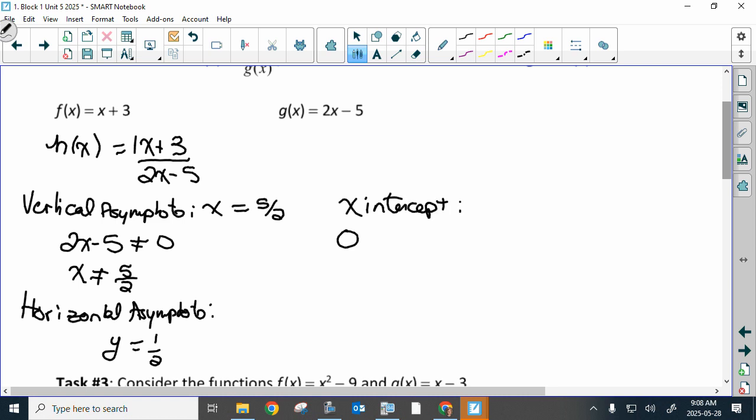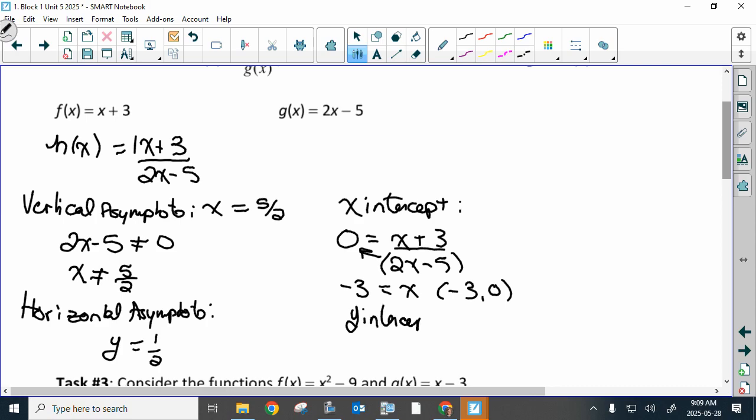So if I put 0 in for the y, the bottom factor is eliminated by that 0, and I get -3 and 0, right? And then y-intercept, put 0 in for the x's, and you should have y is equal to -3/5.